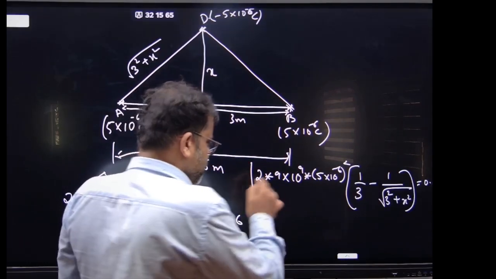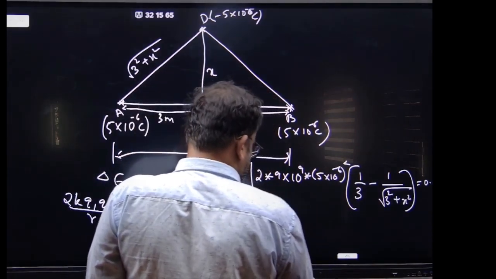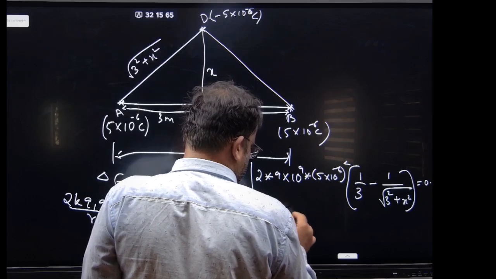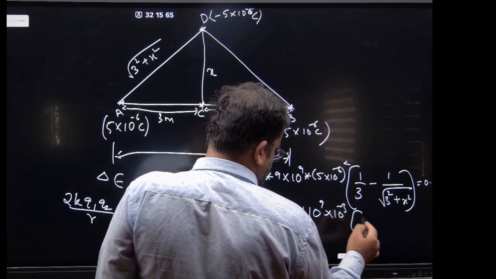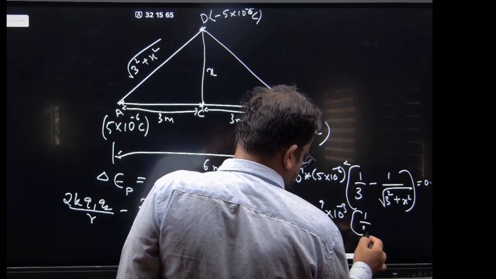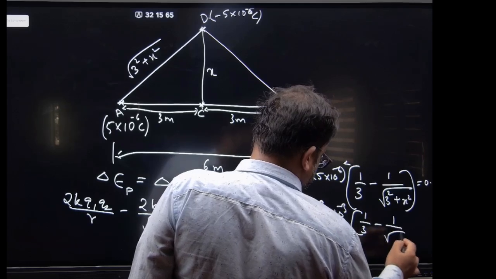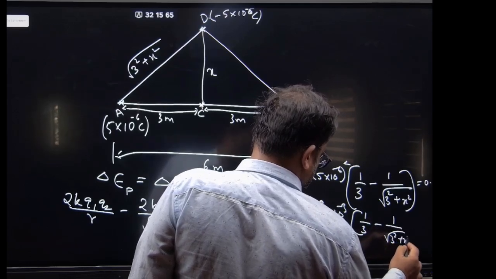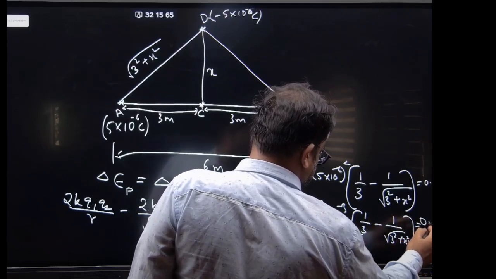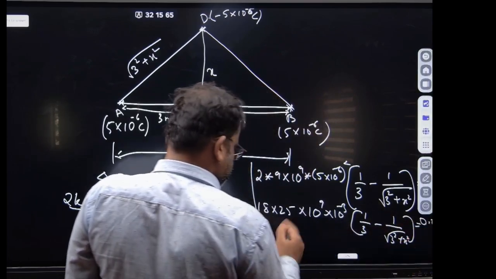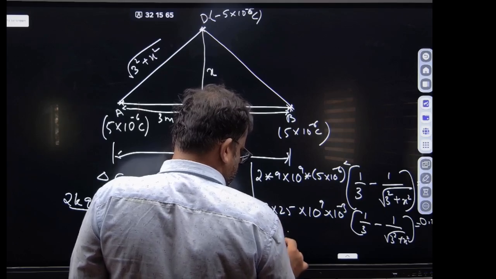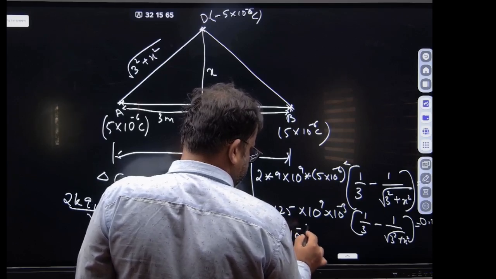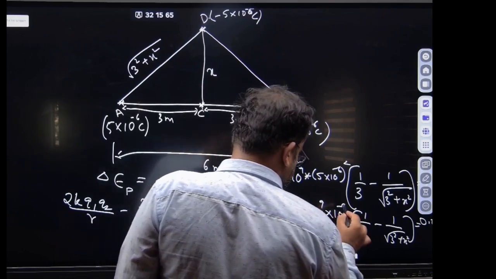Now, what is 2 into 9? 18. 18 into 25 into 10 to the power of 9 into 10 to the power of minus 12, in the bracket 1 by 3 minus 1 by root of 3 square plus x square, that is equal to 0.06. So 18 times 25 gives me 450 into 10 to the power of minus 3. Sorry, this is 10 to the power of minus 12.